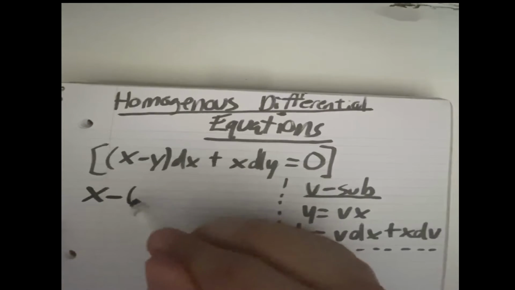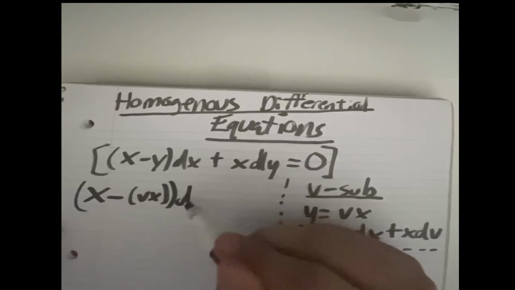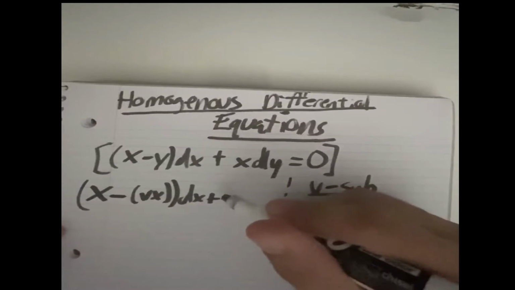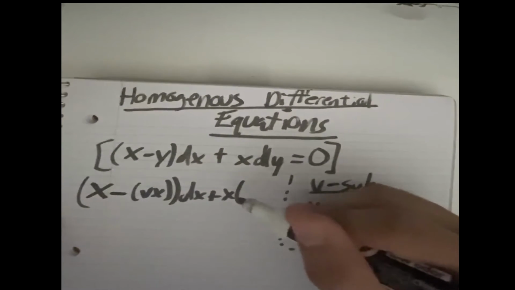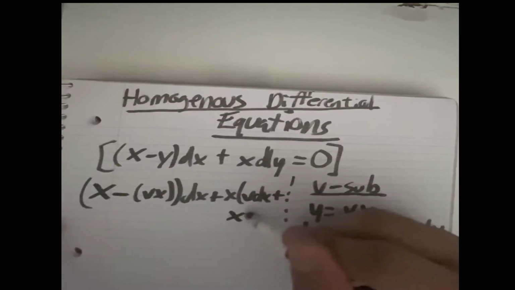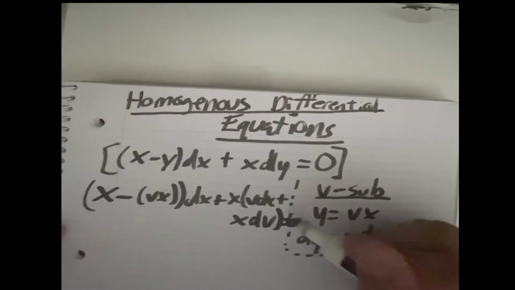So x minus our y, which is vx, times dx, plus x times dy. What's our dy? We substitute v dx plus x dv. And all this is equal to 0.